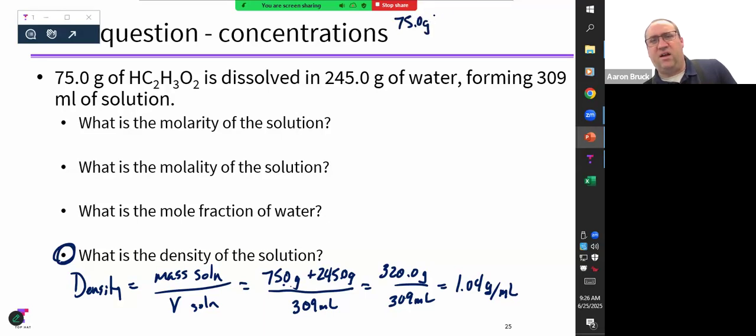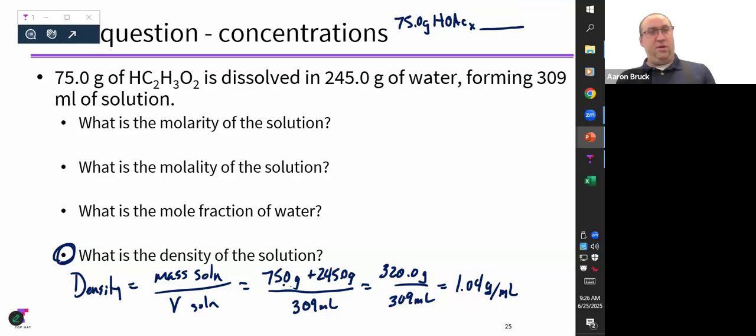75 grams of acetic acid. Molar mass, I've got hydrogen 1.01, carbon 12.01, and there are two of them. Hydrogen 1.01, and there are three of them.